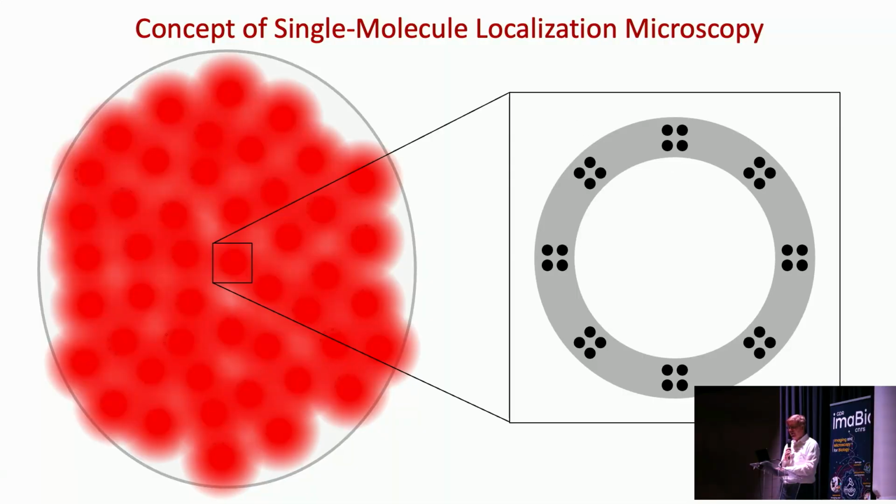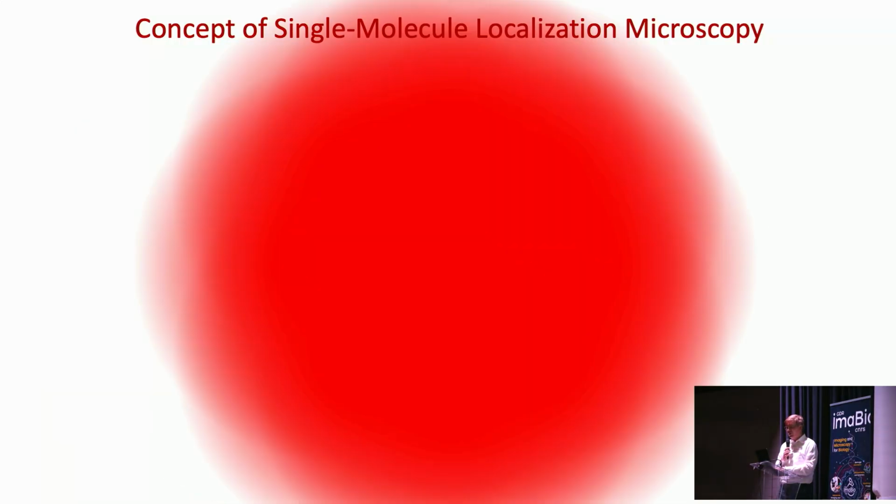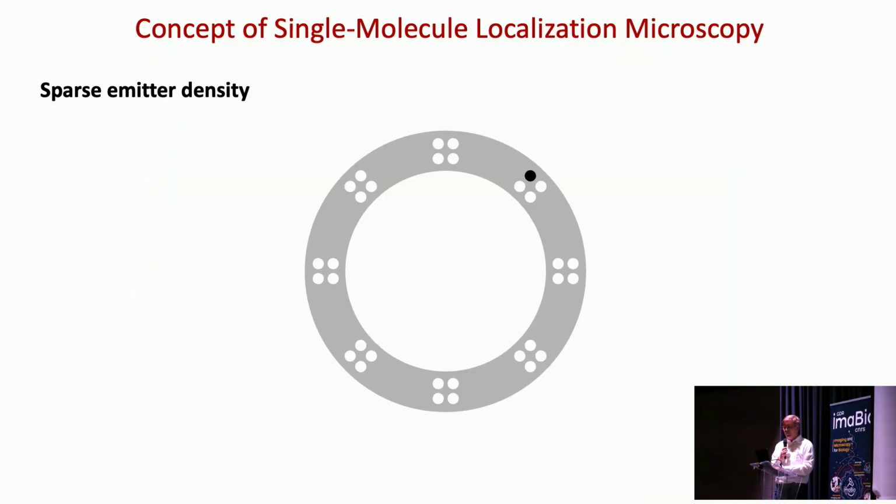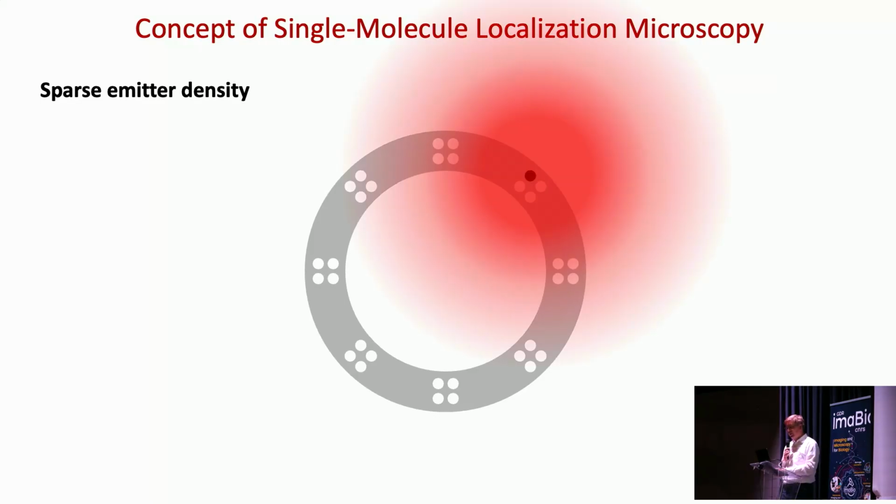So if we zoom into a single nuclear pore complex, the same is true, right? We cannot distinguish the individual sites, we cannot resolve that ring. If, however, we have turned off 31 of the 32 locations, or fluorescent markers, we will still see a diffraction limited spot.